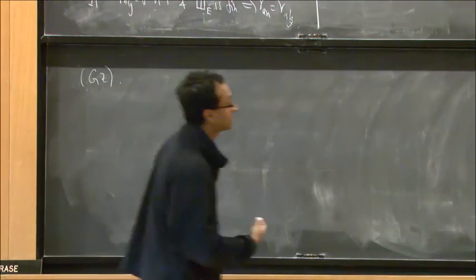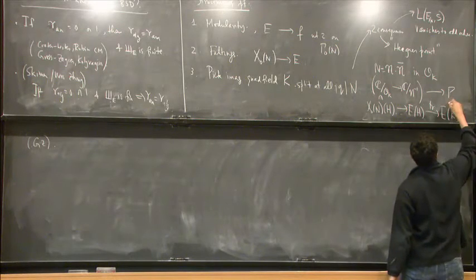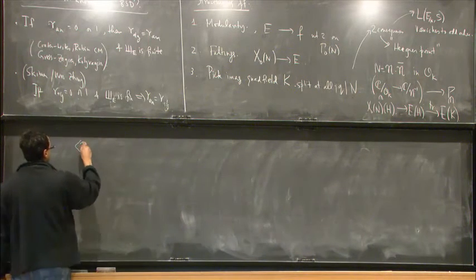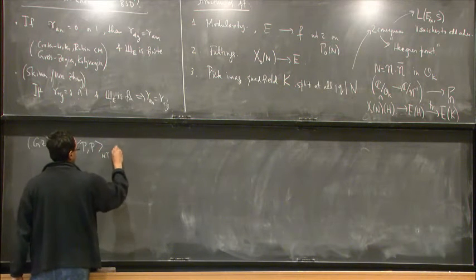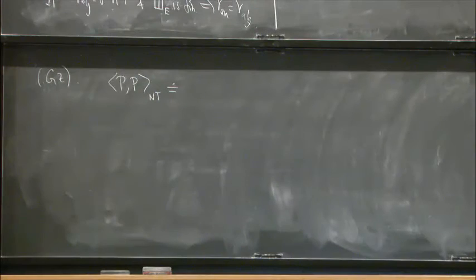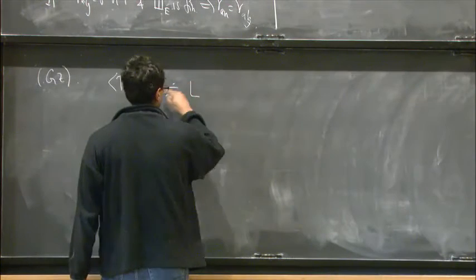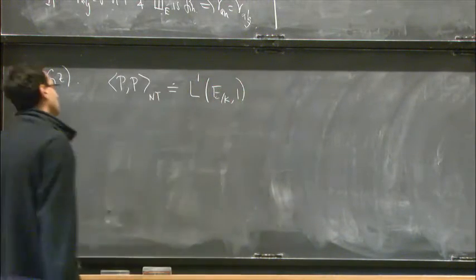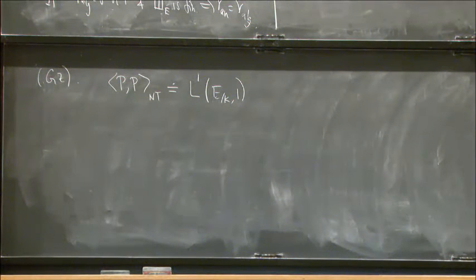Let's call this point P. What Gross and Zagier prove is an explicit formula: the Néron-Tate height of P is exactly equal, up to some constants that don't matter so much, to the derivative of the L-function at 1.